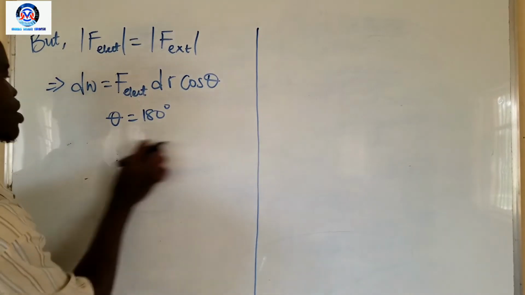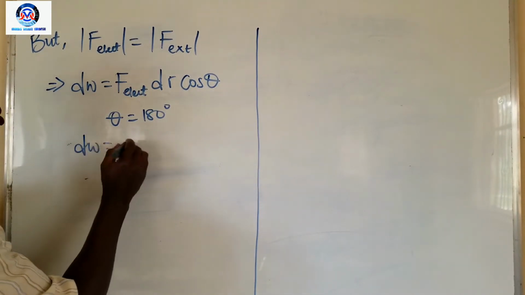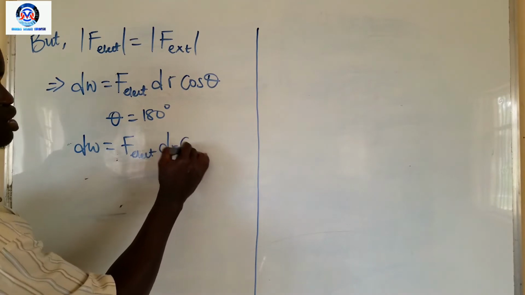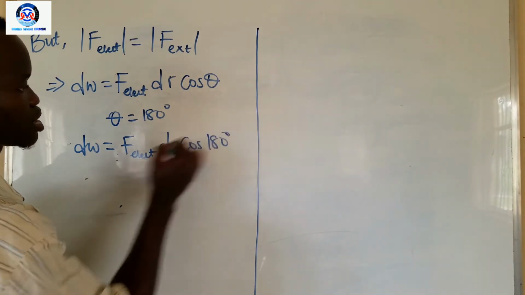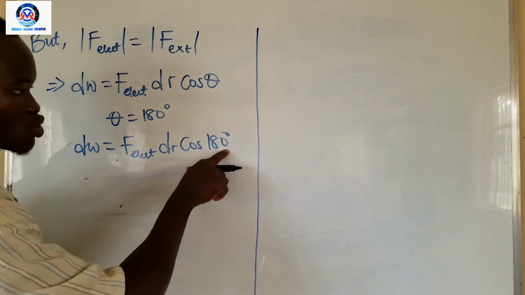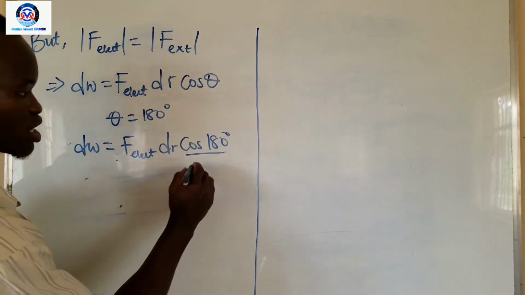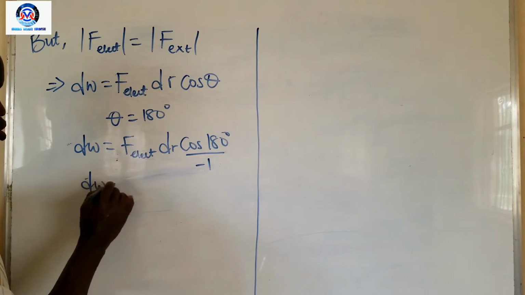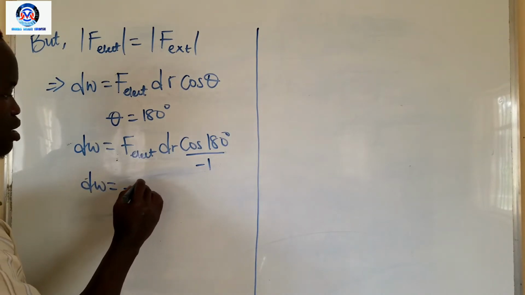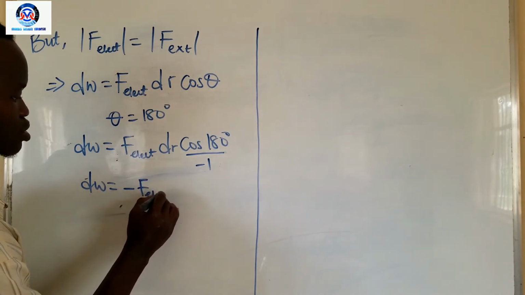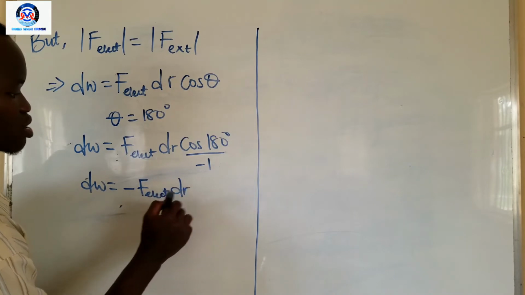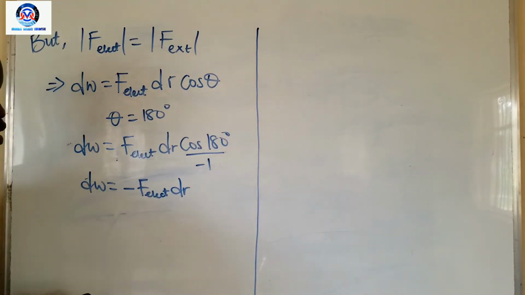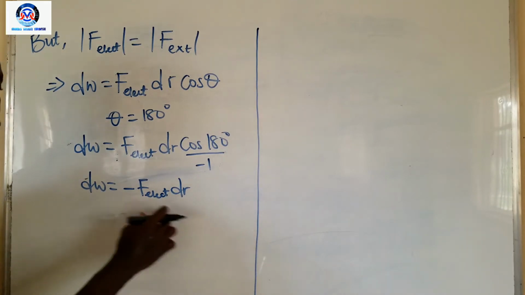So now we have that the small work done equals the electric force multiplied by the small distance times cos 180. When you evaluate cos 180 on your calculator, this will give us minus 1. And now we have that the small work done equals minus the electric force multiplied by the small distance, which we call dr. So now we have to integrate both sides.